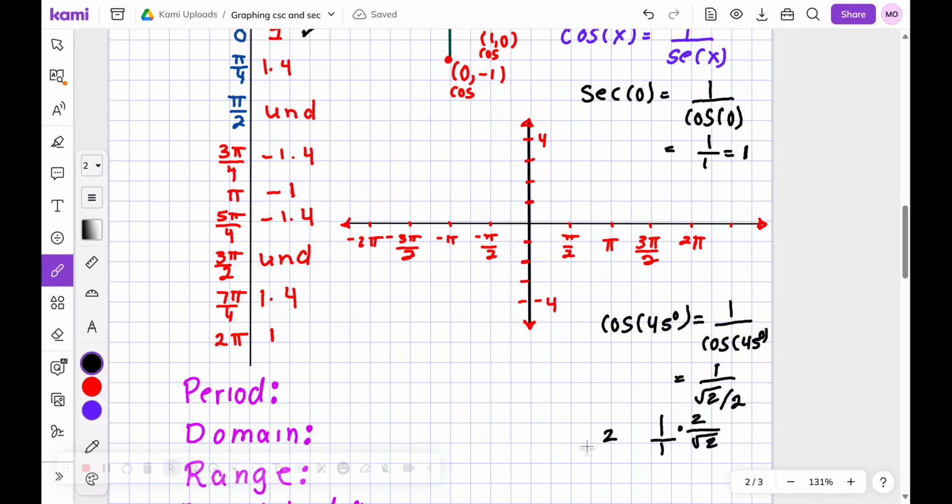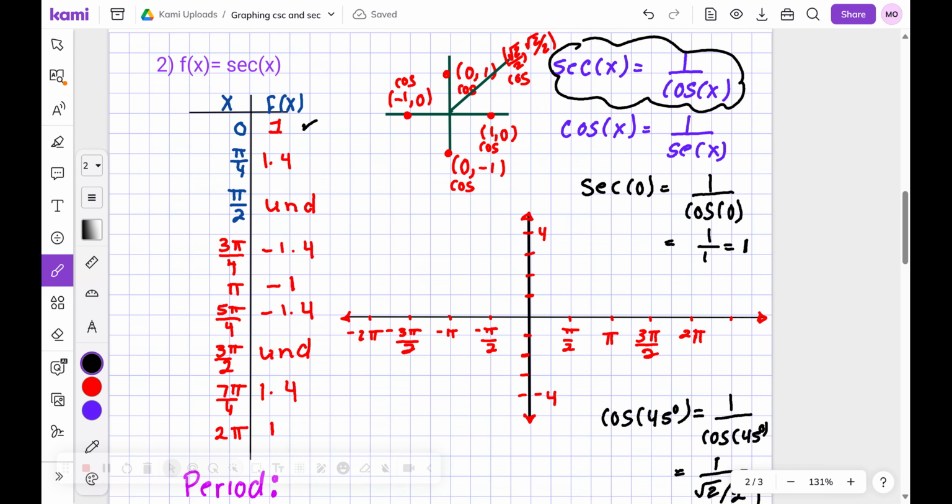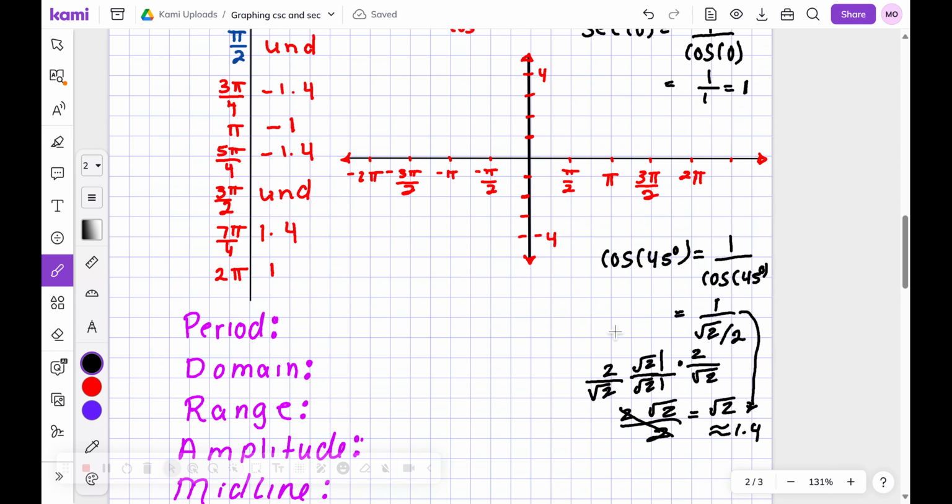So it's 2 over radical 2. If you rationalize the denominator, it will be 2 radical 2 over 2. You cancel the 2, so radical 2 is about 1.4. And that's how we get that 1.4 after I do all of this. So instead of doing the work, it's easier to memorize that secant of 45 is 1.4. Otherwise, you have to do all of this work.